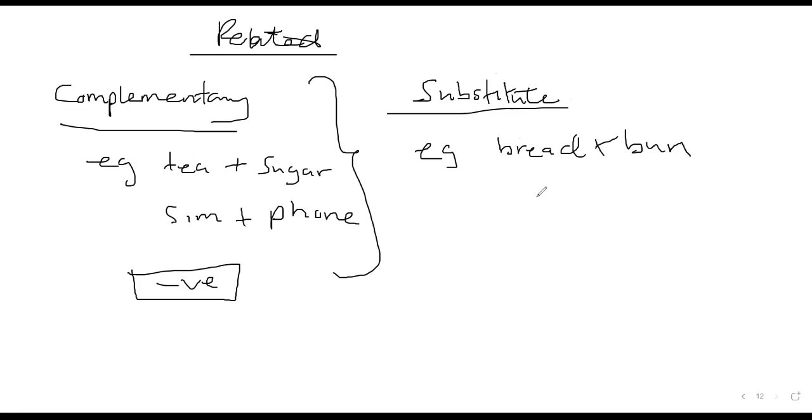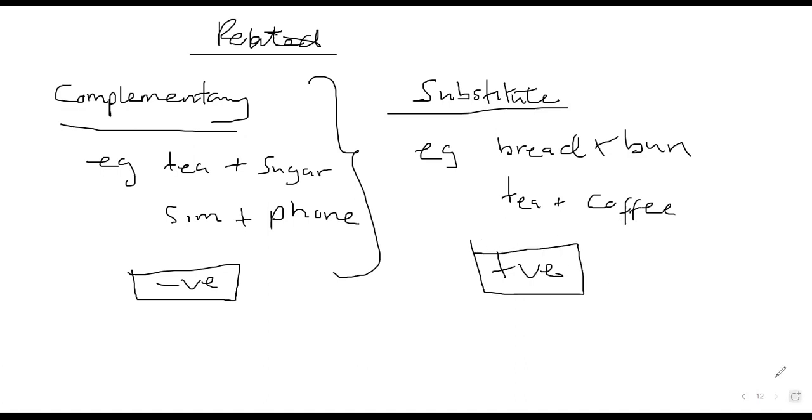What else? Tea or coffee, good. Holding all things constant, I'll say this has caffeine, but all of them are working the same usage. These are called substitute goods. So these ones always have a positive elasticity of demand.